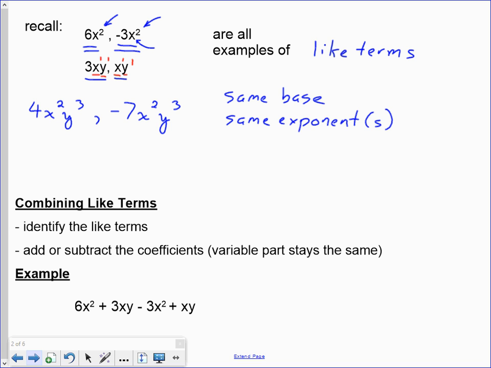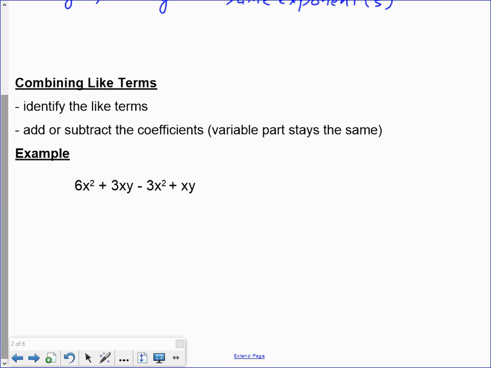And the reason we were interested in like terms earlier in the course was that if you had a series of like terms that were connected by addition or subtraction, we could collect them together, or we could combine like terms. So if we have an expression here, in our example here of 6x squared plus 3xy minus 3x squared plus xy, first we want to identify the like terms.